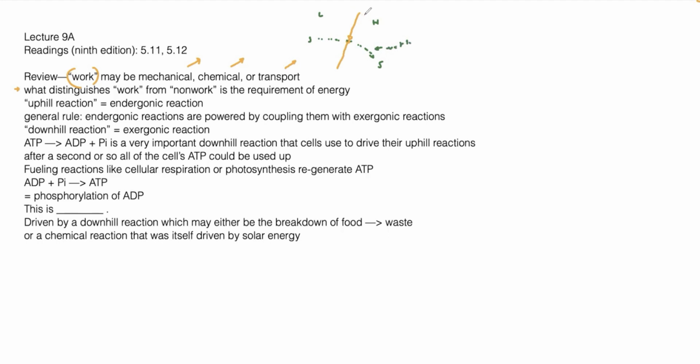This direction, from high to low, would be non-work. Even though at a superficial level you might say they're very similar, we're moving a solute from one side of the membrane to the other, no, that's not enough to make it work, okay? Transport work occurs if, one, it's movement of material from one side of the membrane to another, and two, if it's going in a direction against the concentration gradient.